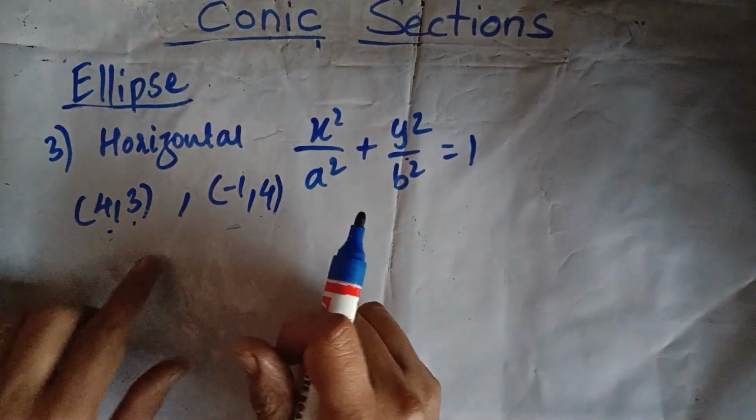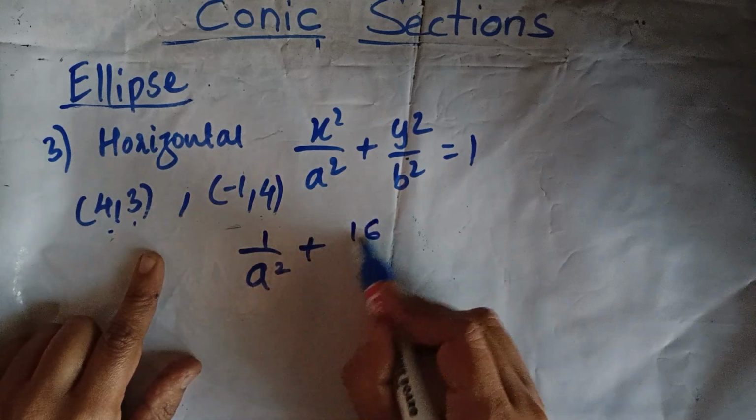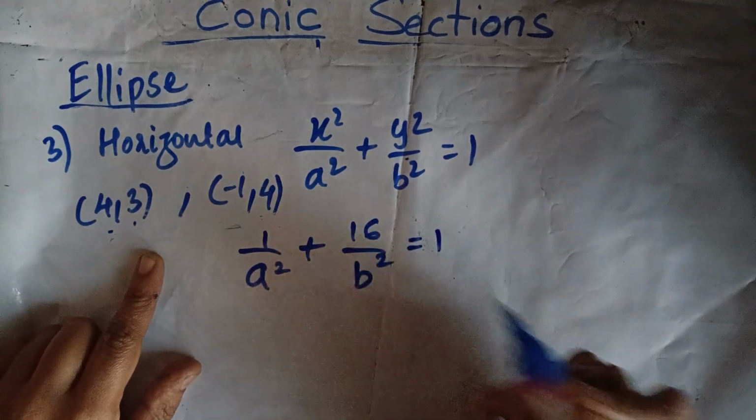The second equation was 1 upon a square plus 16 upon b square equal to 1.